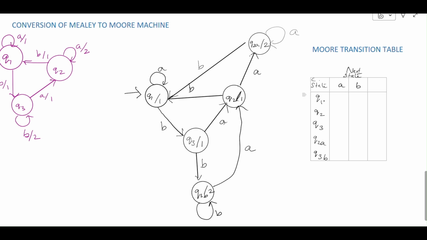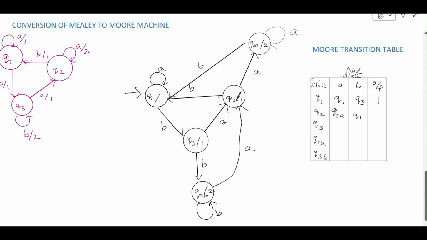Q1 on A is moving to Q1 itself. On B, it is moving to Q3. And what is the output associated to this state Q1? It is 1. And Q2 on receiving input A is moving to Q2A, and on receiving input B, it is moving to Q1.